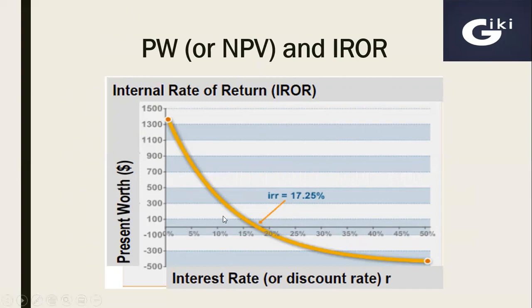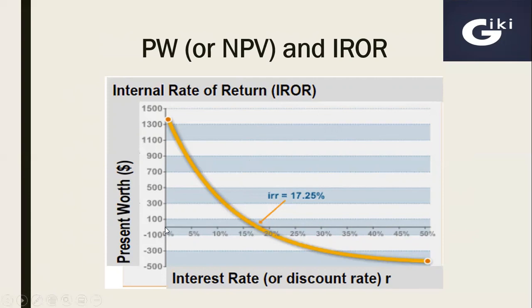So if we see at 5% rate of interest, the present worth is almost about $900. When the rate of interest is 10%, the present worth is almost $300. Similarly, at a rate of interest of 17.25%, the present worth becomes zero. So the rate of interest at which present worth is zero is known as internal rate of return.